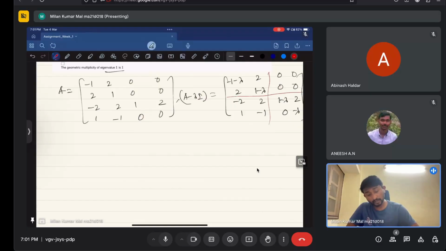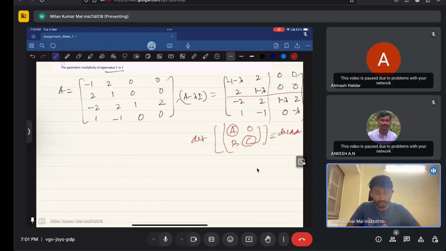For this type of matrix, the determinant of this matrix is equal to the determinant of A times the determinant of C, where A and C must be square matrices.